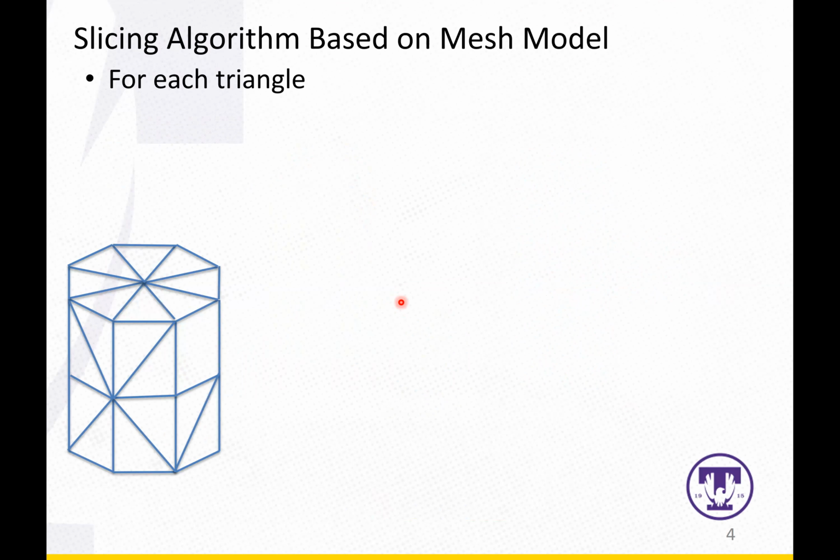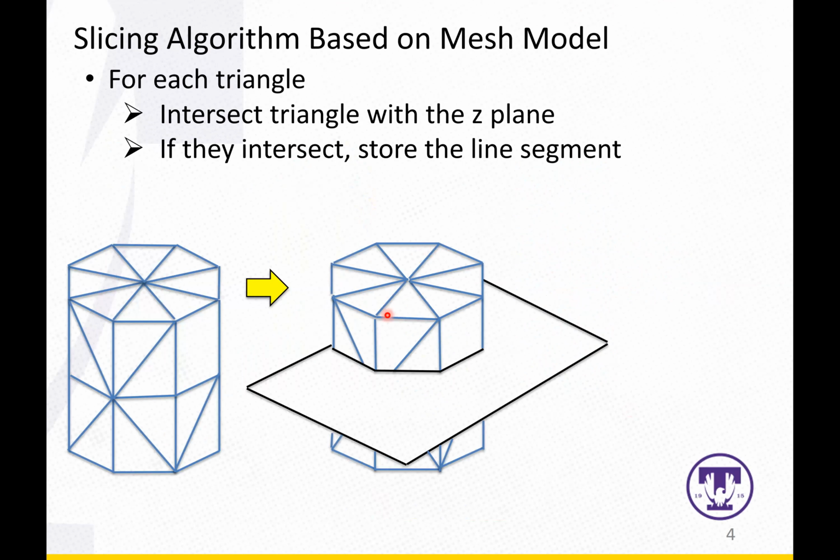Basically, the slicing algorithm is doing the plane line segment intersections, right? For each triangle, a slicing operation is to find out the intersection between the triangles with a z-plane, if we assume the printing direction is in z direction.